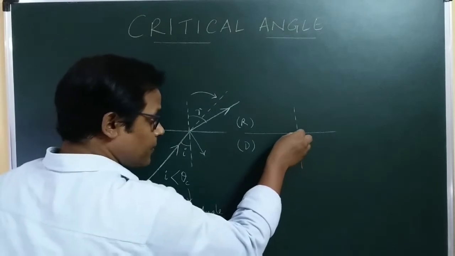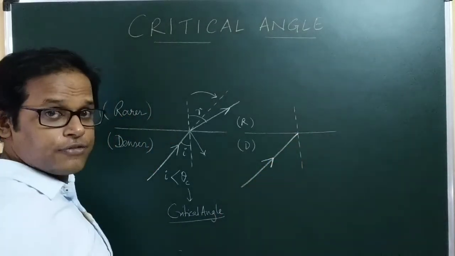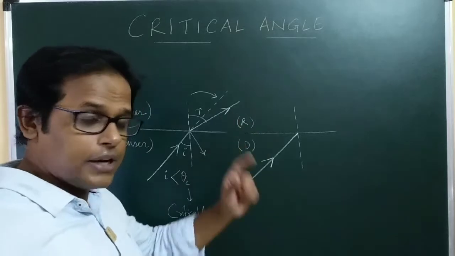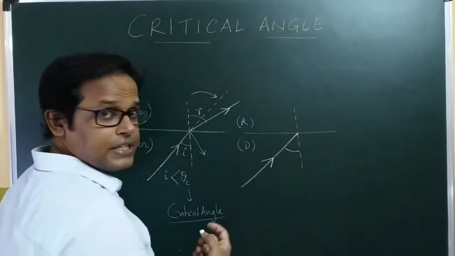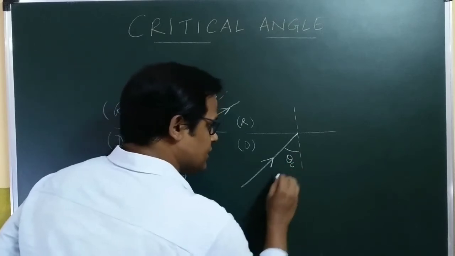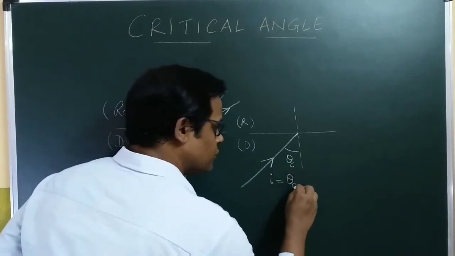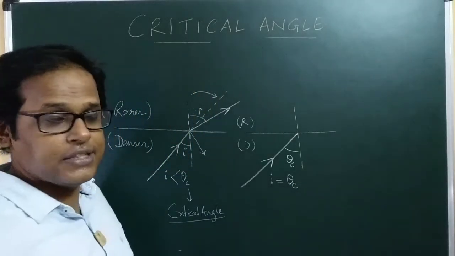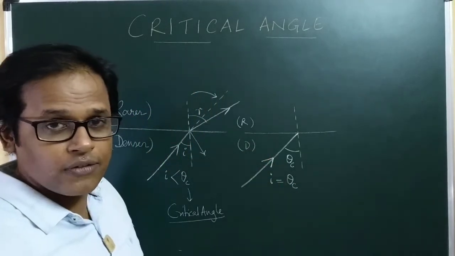Suppose the ray of light is incident again from the denser to the rarer medium, but this time I have purposefully increased the angle of incidence, and this angle of incidence i has exactly become equal to the critical angle of incidence. This is, my dear, what I call the critical angle of incidence.